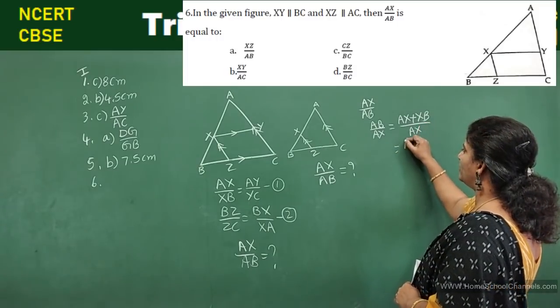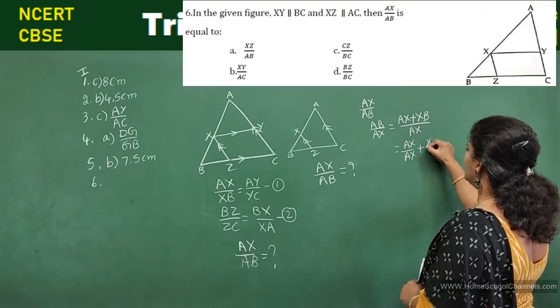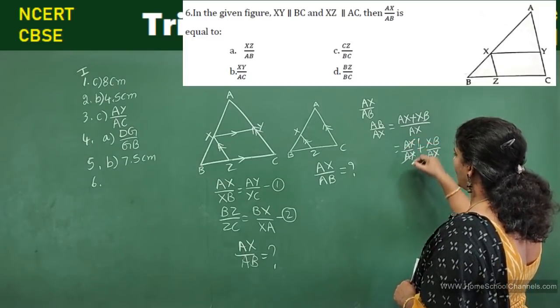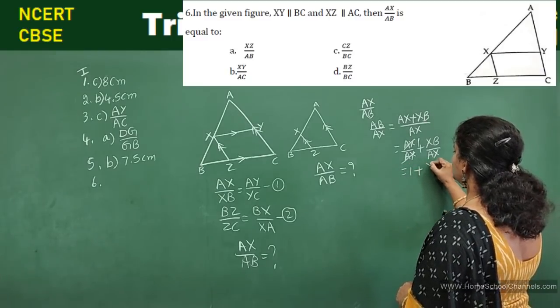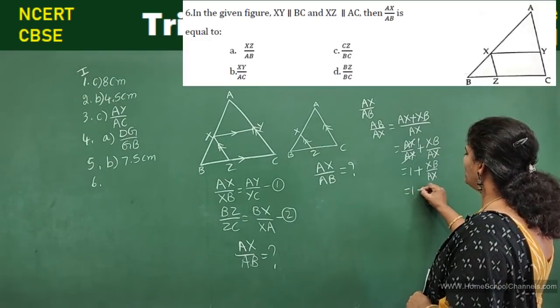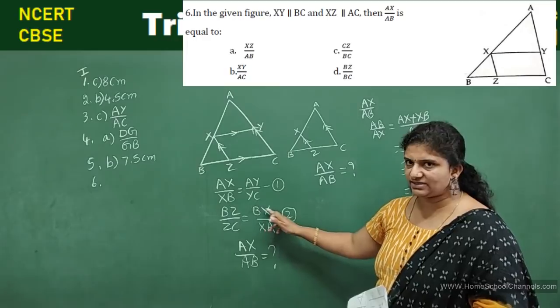Now split the denominator: AX by AX plus XB by AX, which is 1 plus XB by AX. XB or BX is the same.